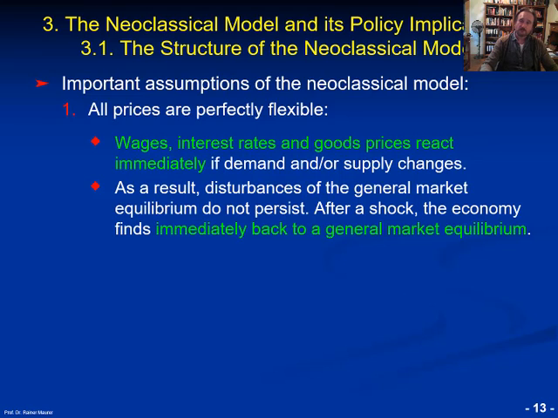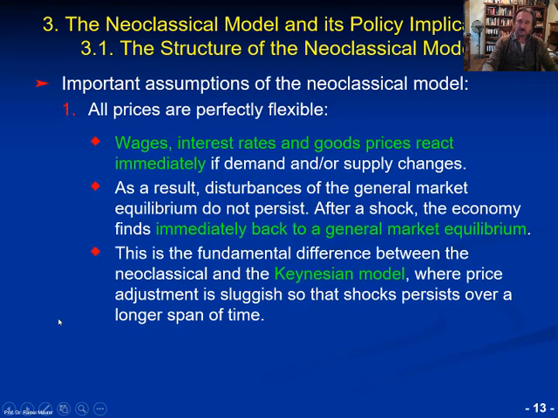After a shock, the economy finds its way immediately back to a general market equilibrium. This is the fundamental difference between the neoclassical and the Keynesian model. In the Keynesian model, the price adjustment is sluggish, so that shocks can persist over a longer span of time, as we will see.